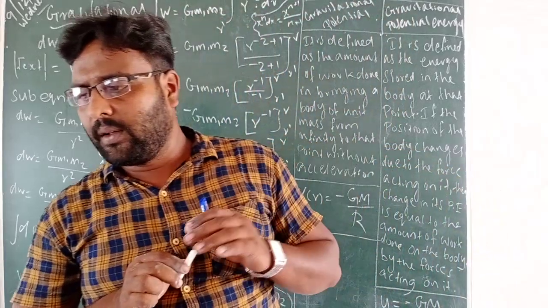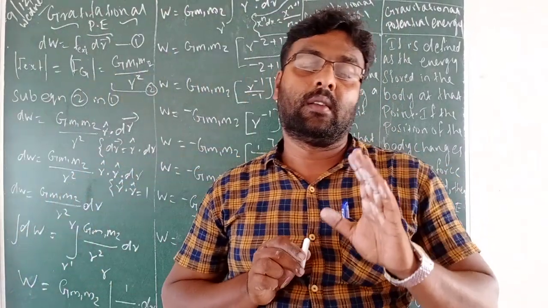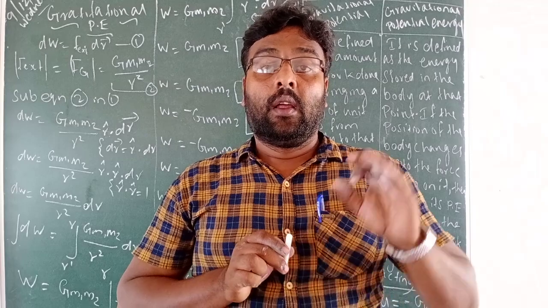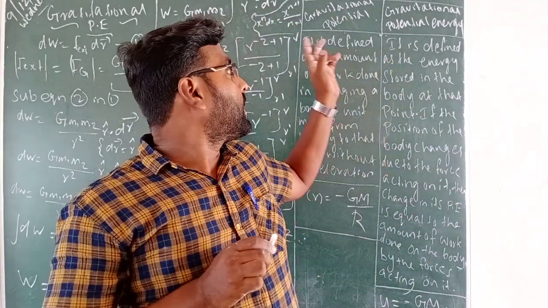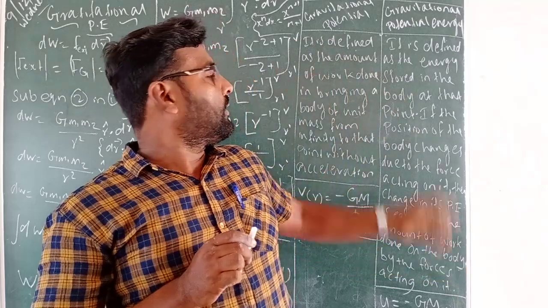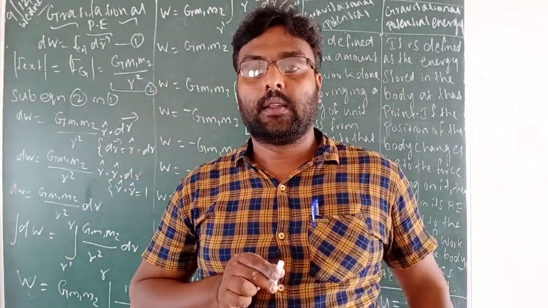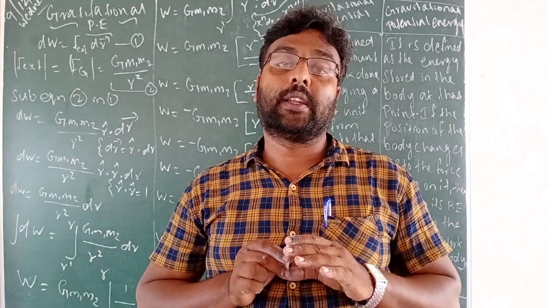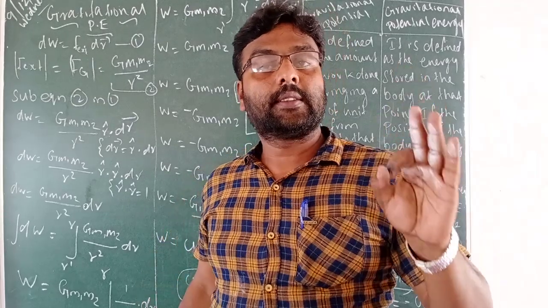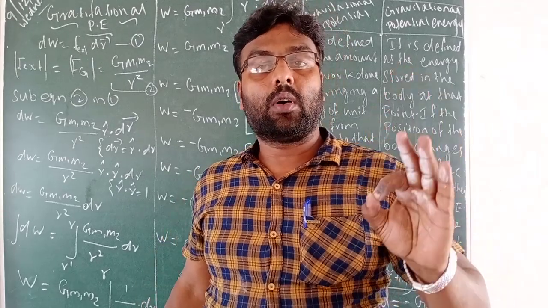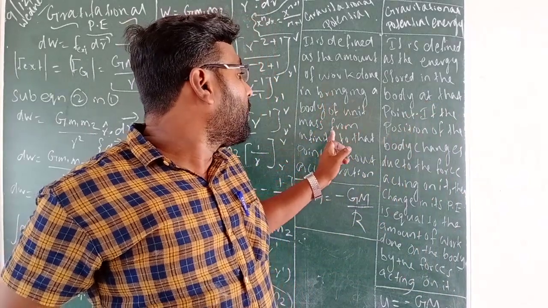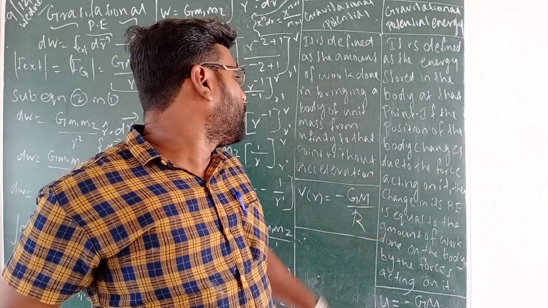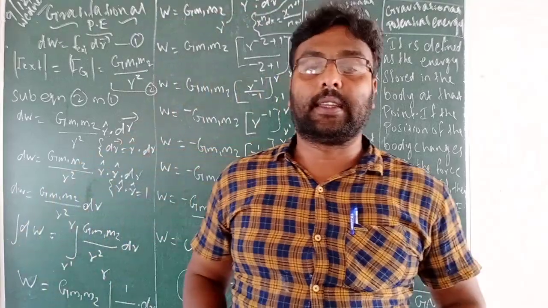This is one of the very important 3-mark questions. Write down the difference between gravitational potential and gravitational potential energy. Gravitational potential means what? It is defined as the amount of work done in bringing a body of unit mass from infinity to that point without acceleration.